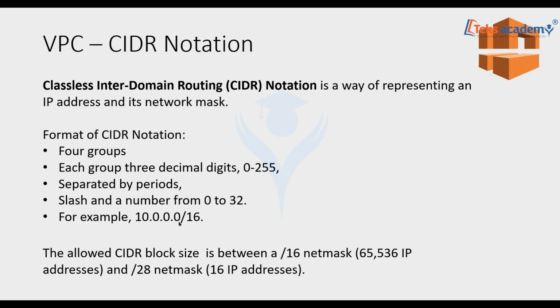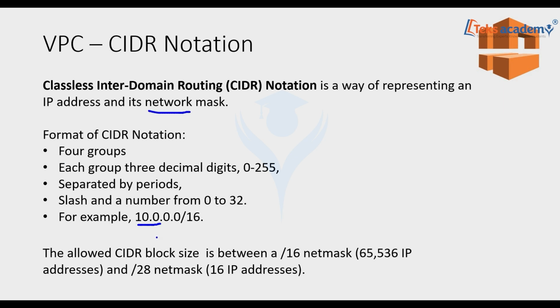When I give the example 10.0.0.0/16, it specifies that the VPC network will have IP addresses in the block starting from 10.0.0.0, and 16 specifies that the first two groups, as I mentioned there are four groups, belong to the network mask.